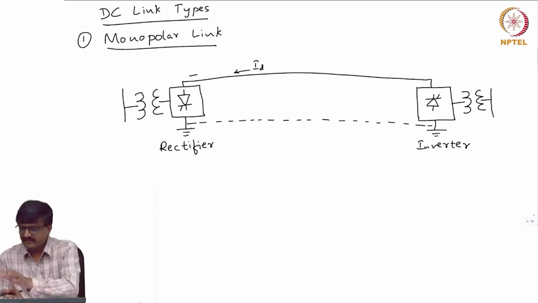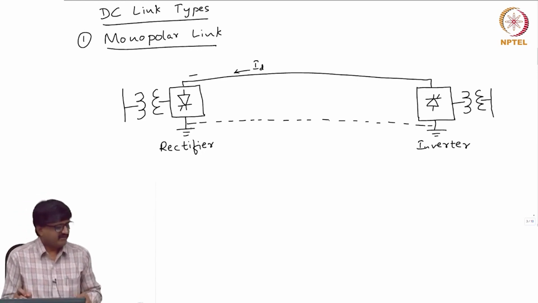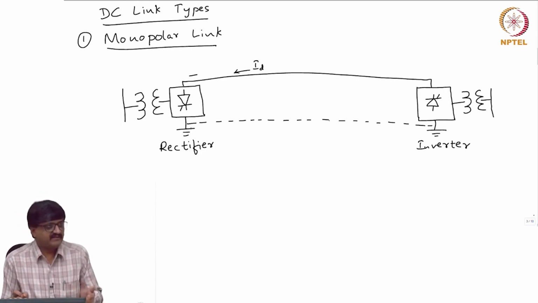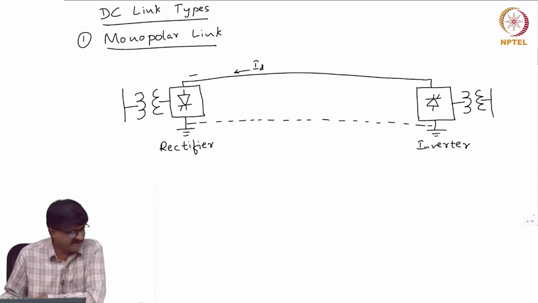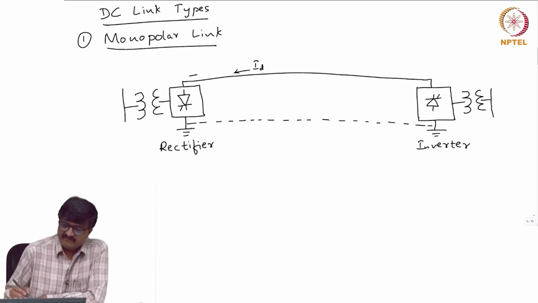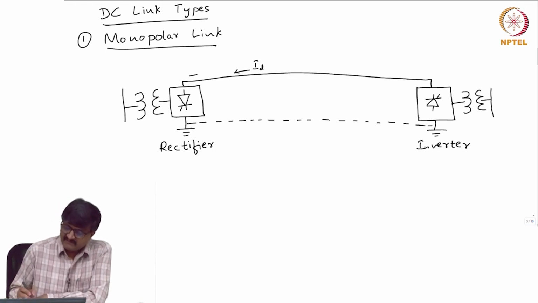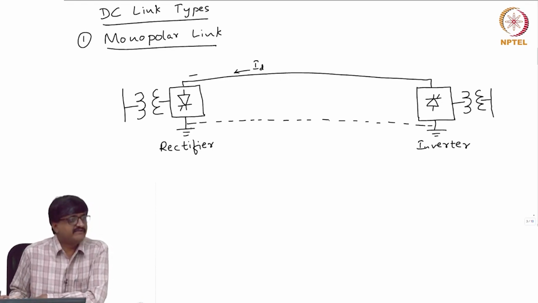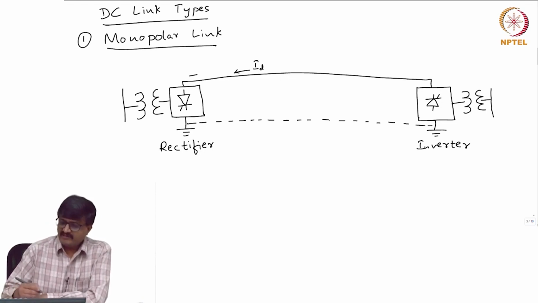Suppose the rectifier and inverter are away from each other, at a distance of the order of a few hundred kilometers. There is only one conductor, which is at the negative potential. The other terminal is actually grounded. Now, where should the current flow?